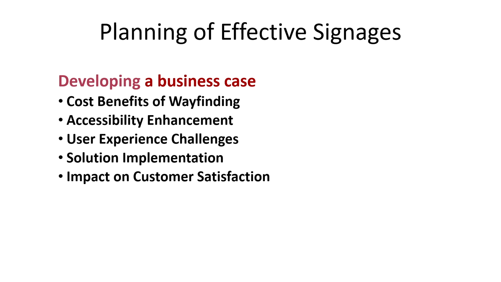For example, a large office complex had wayfinding issues, especially for employees and visitors. We did a survey and used feedback, which showed that poor signage caused confusion and delays in finding the meeting rooms and the offices.